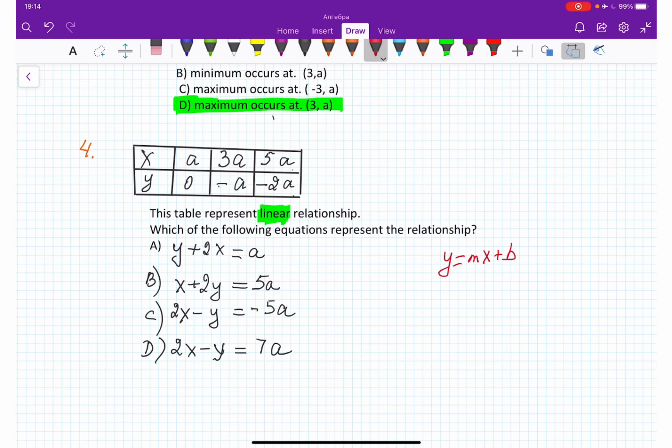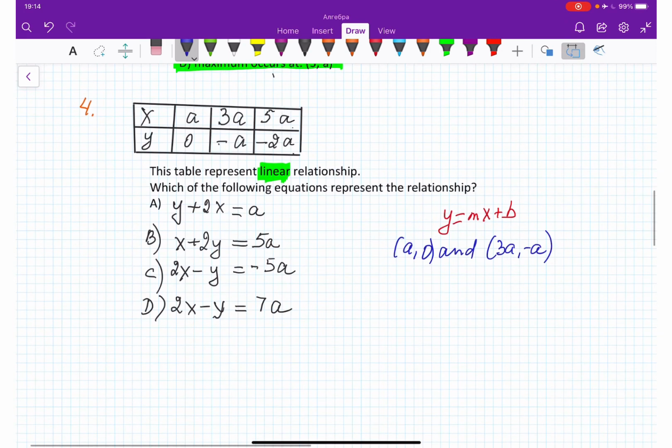Here we have 3 points given in the table. So let's find m based on 2 points. I am going to take a, 0. So x is a, 0, and the next point is going to be 3a and negative a.